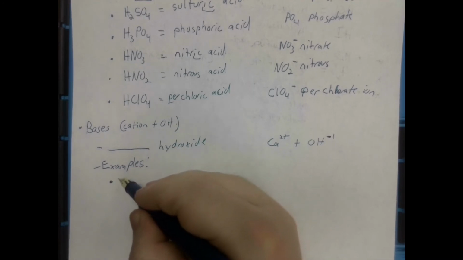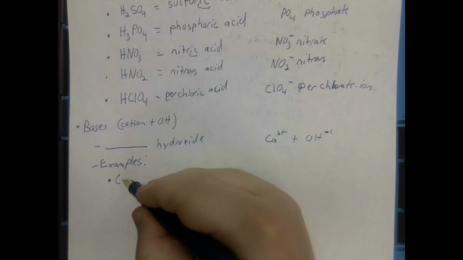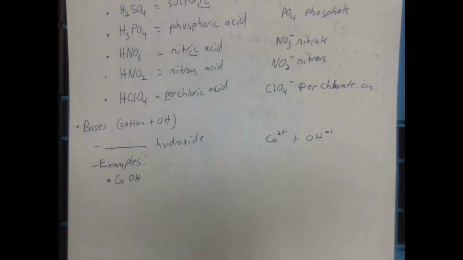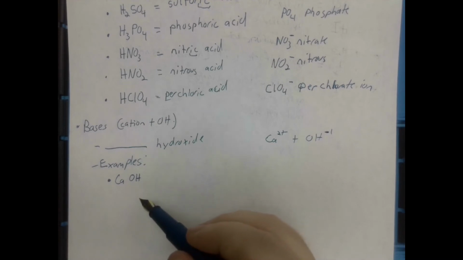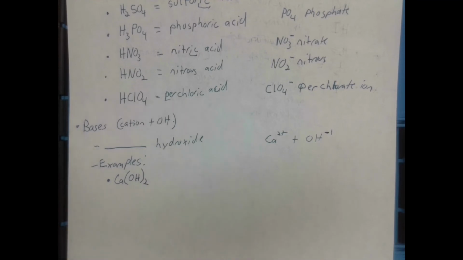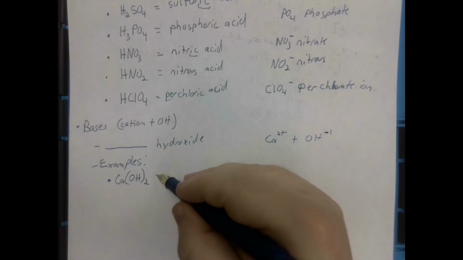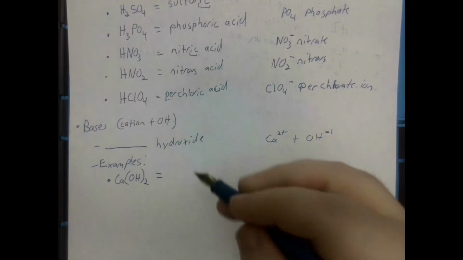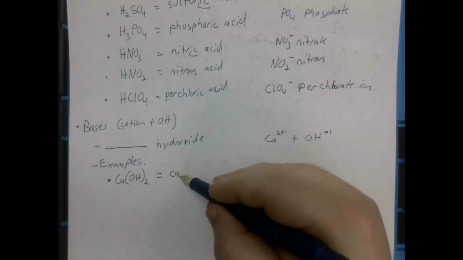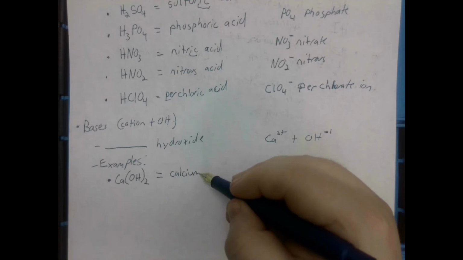It would be Ca OH plus 2. So how should we add the two? How do we put it? Yes. So we put it in parentheses, 2. And what would be the name of this? Calcium hydroxide. Exactly right.